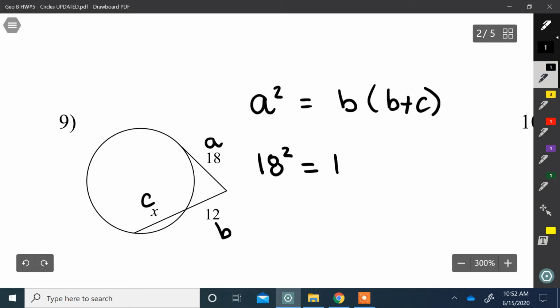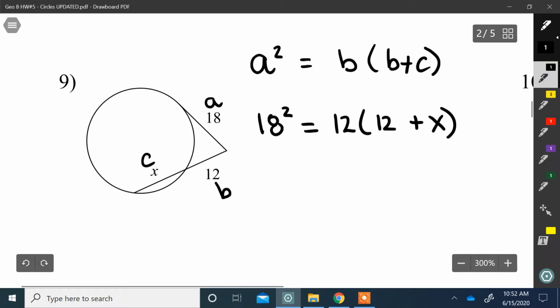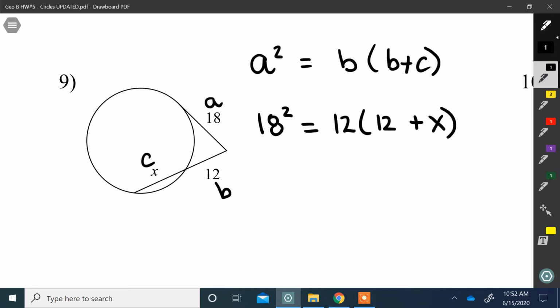So the a in this case is 18 squared. The b is 12. The b continues to be 12. And then c is going to be x. And all we're doing is figuring out what x is. So 18 times 18, that's 18 squared, is 324.